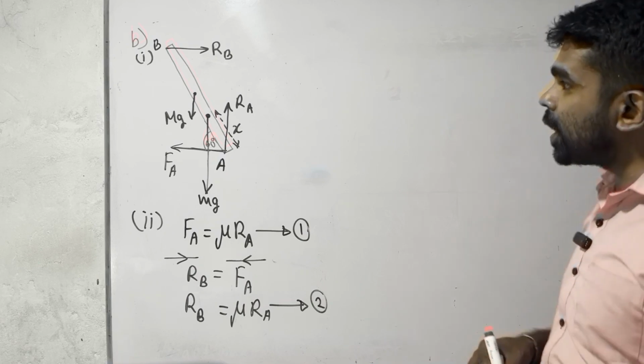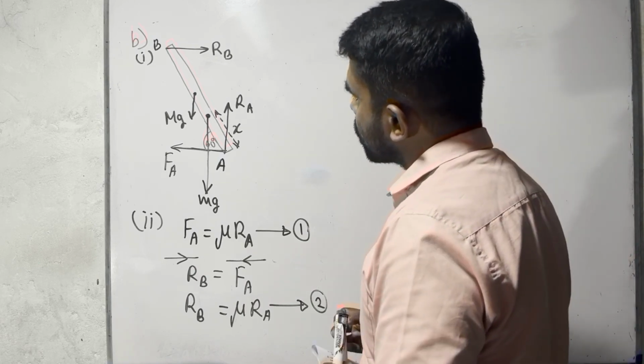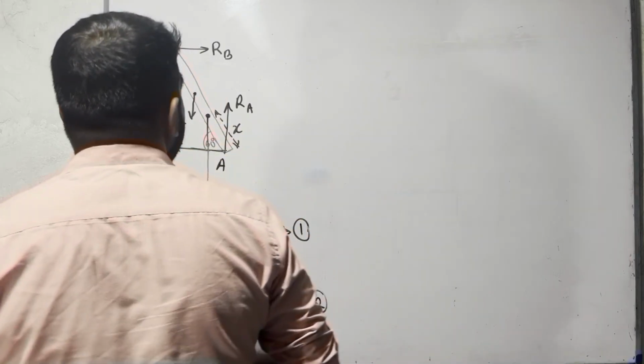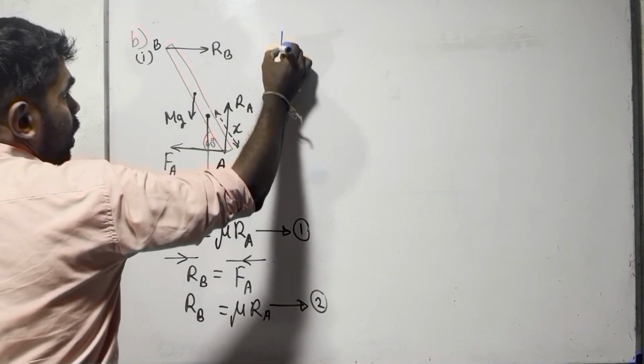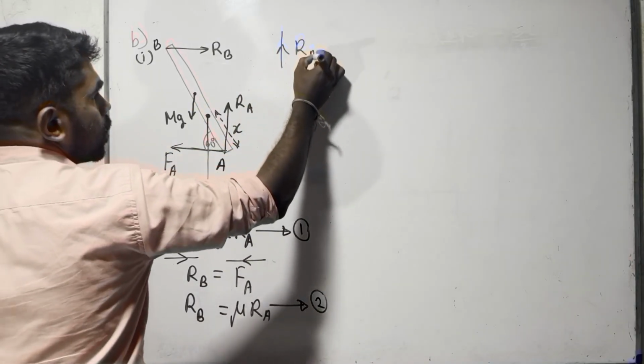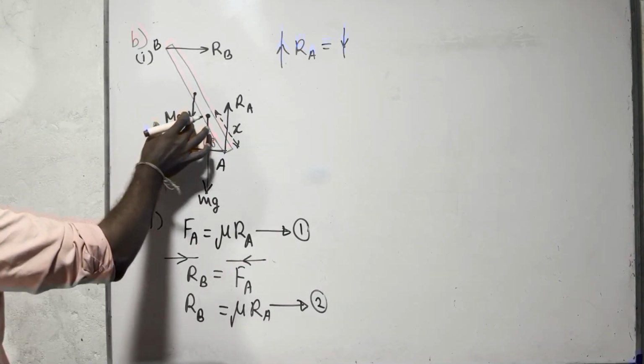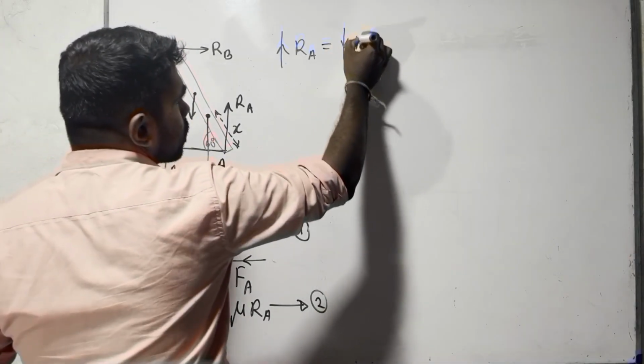Then we can get vertical equilibrium. For the vertical equilibrium, there is only one upward force, it is Ra, which should equal the sum of downward forces, capital Mg plus simple mg.